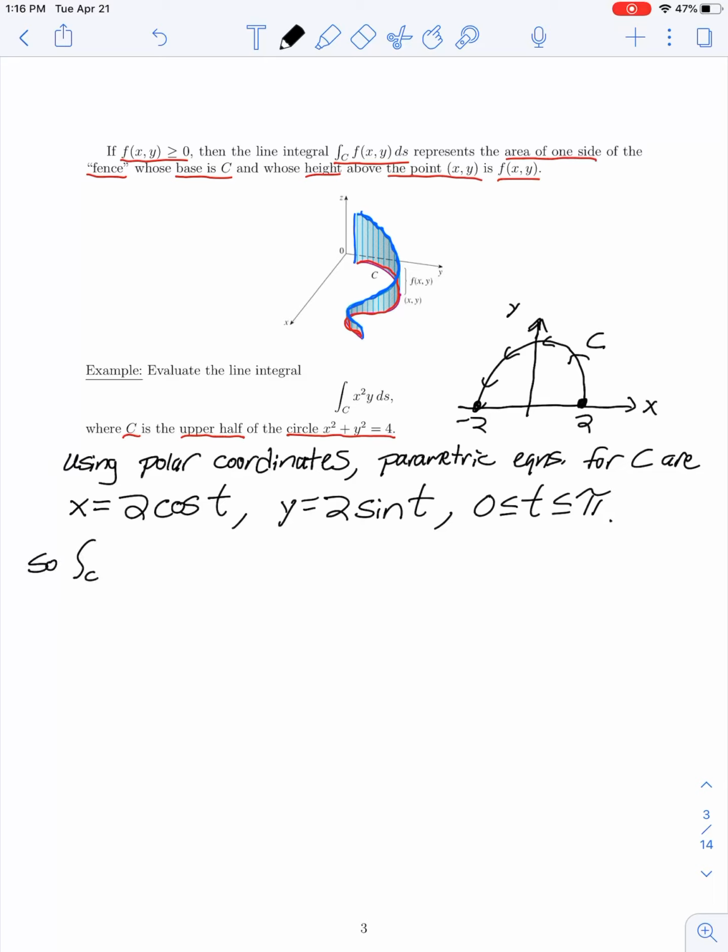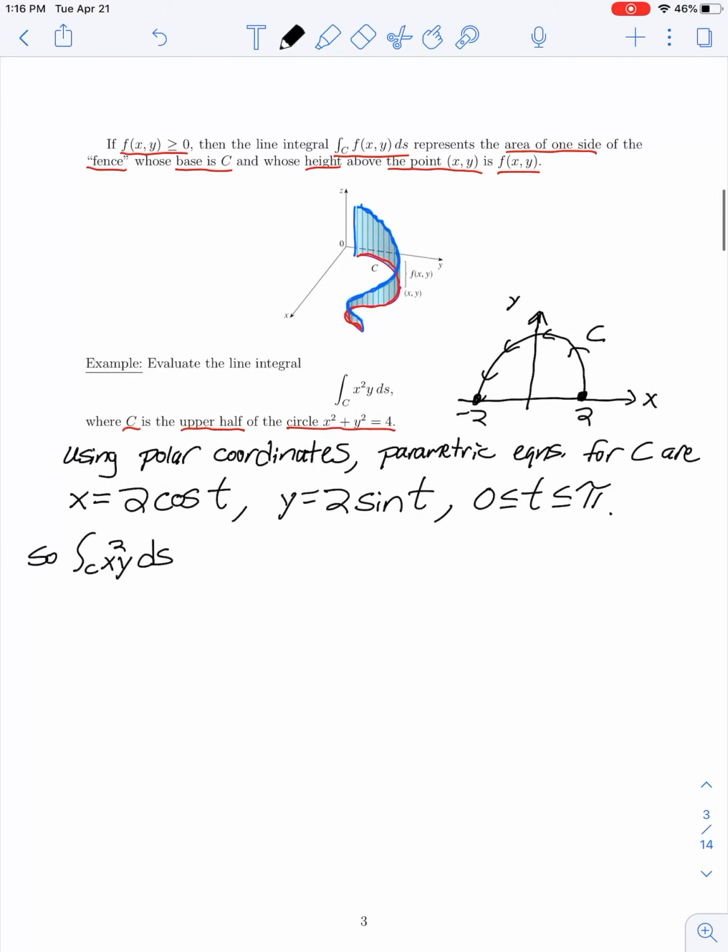So here, to evaluate the line integral of x squared times y with respect to s over this curve C, we would convert this to an integral in the parameter t. So here, from 0 to pi, we have x squared. Squaring x gives us 4 cosine squared t times y, whose parametric equation was 2 times sine t, times the differential of arc length, ds, which is given by the square root of the sum of the squares of the derivatives of x and y.